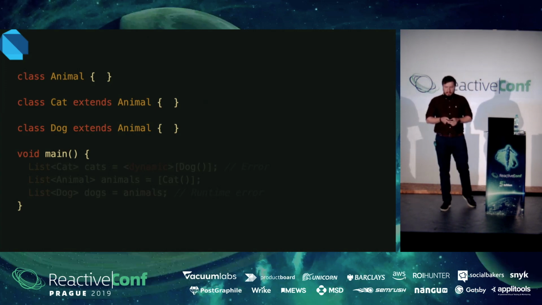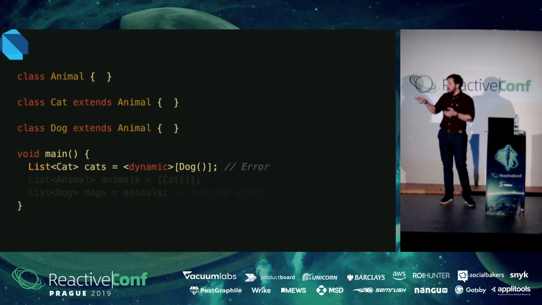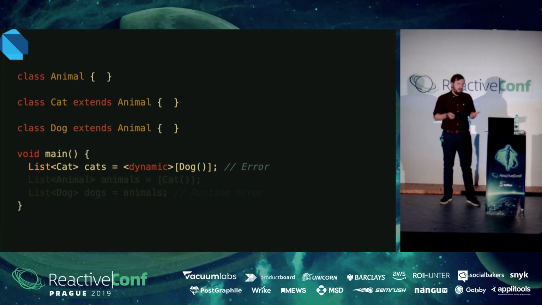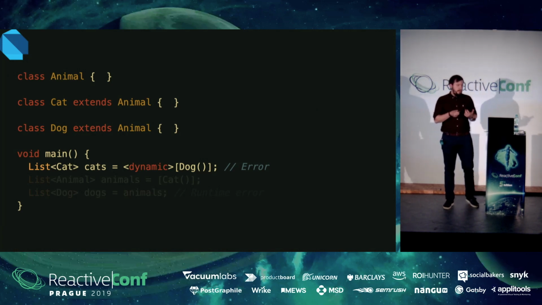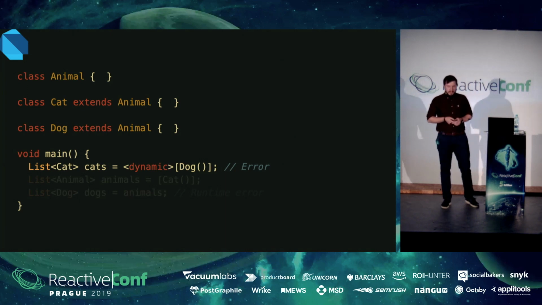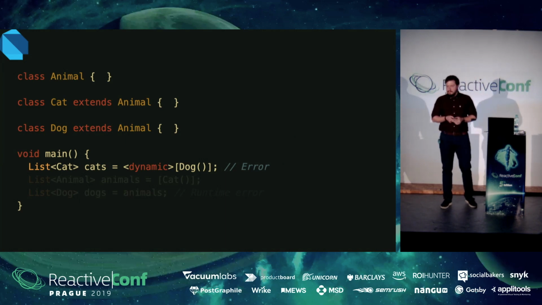And if we create a list of cats and try to assign a dog to cats, of course, we will receive some errors. So strong and sound means that if you create a variable at compile time of type integer, and in this case, a list of cats, you can be sure that at runtime it will be the same type.